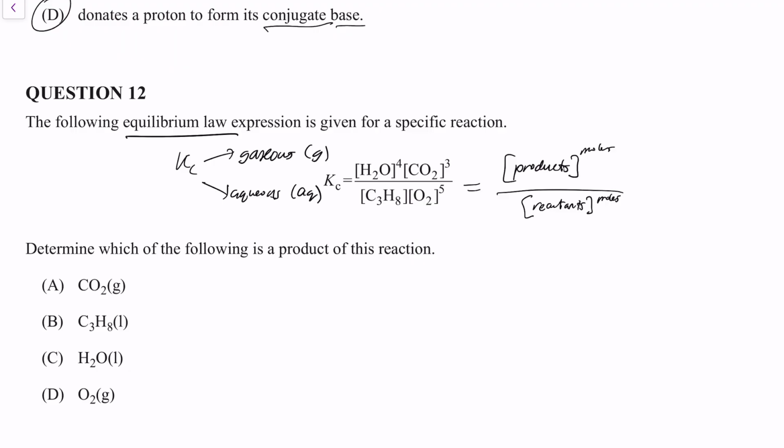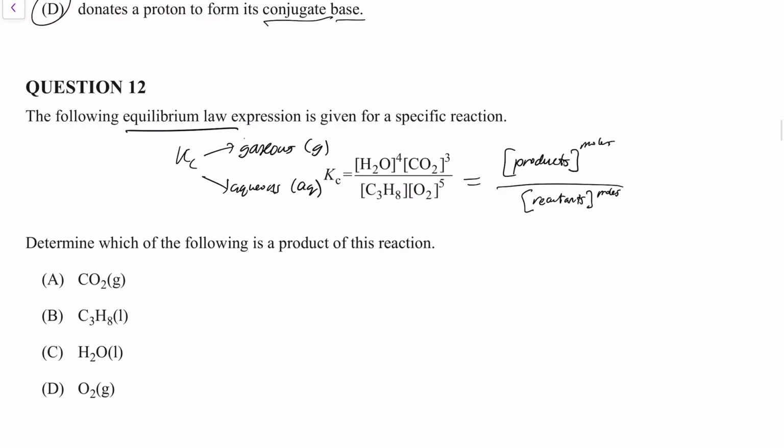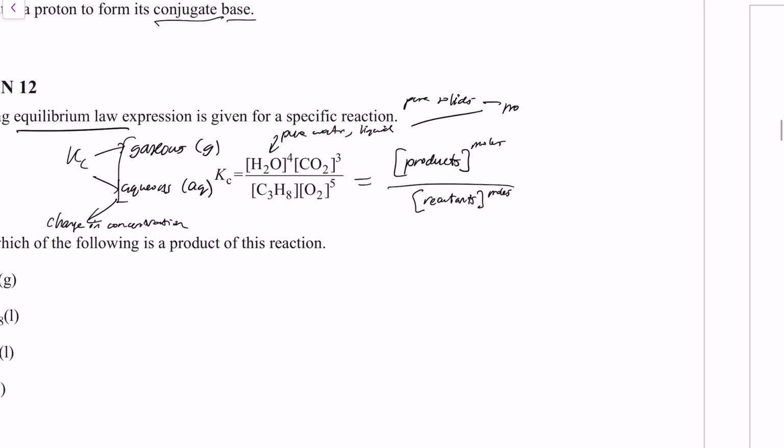The reason is that these types of matter can change in concentration, because Kc values can change given different concentrations. Pure water, which is a liquid, and other pure solids cannot change in concentration, so they're technically not included as part of the Kc value.